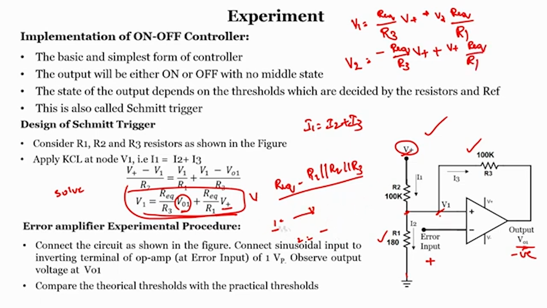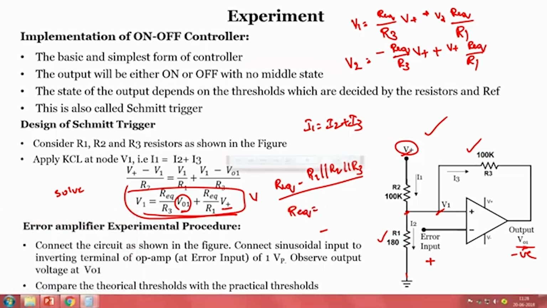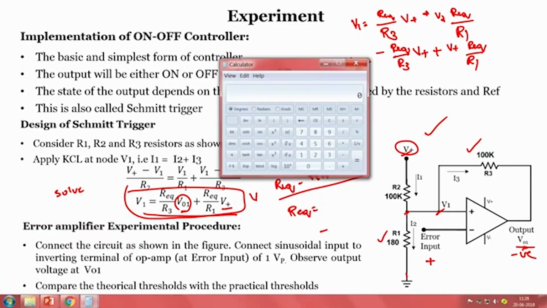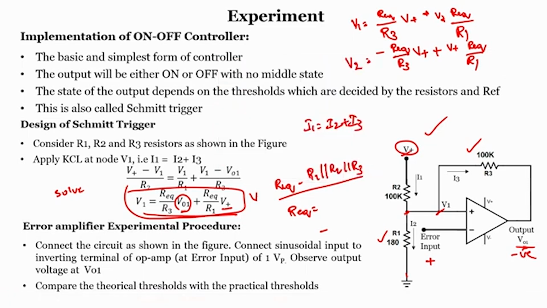We know that the R1, R2, R3 values are 100, 100 and 180. When we calculate the R equivalent value, 1 by R equivalent is equal to 1 by 180 plus 1 by 100 plus 1 by 100.